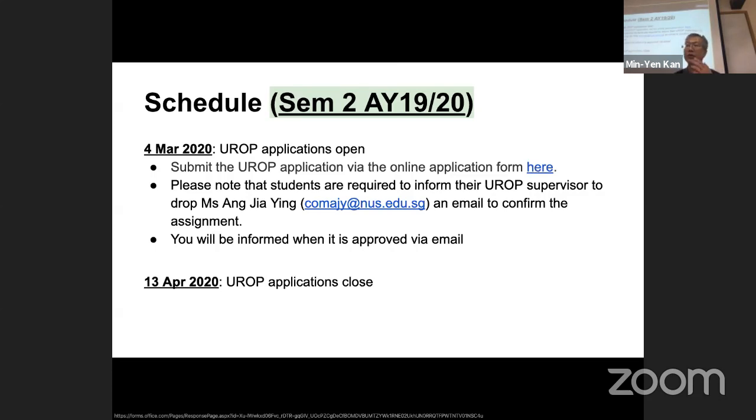What you need to do is decide which project you want to take. Get your supervisor's approval. They will be notified to submit an approval. Okay, and after you do that, you'll need to notify Jia Ying, who sits in the UG office right over there. Drop her an email to confirm the assignment, okay? And then you're done, all right?